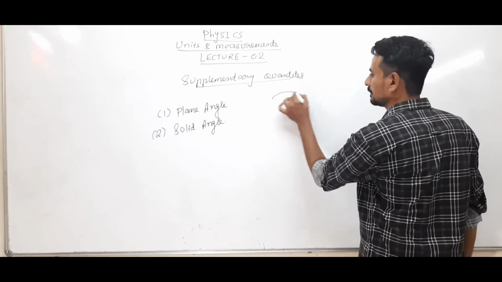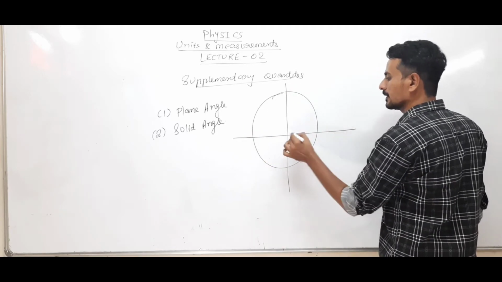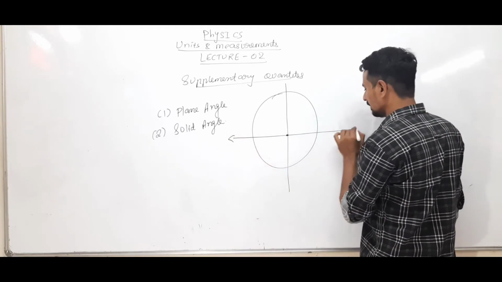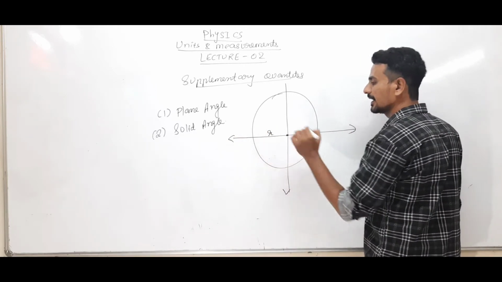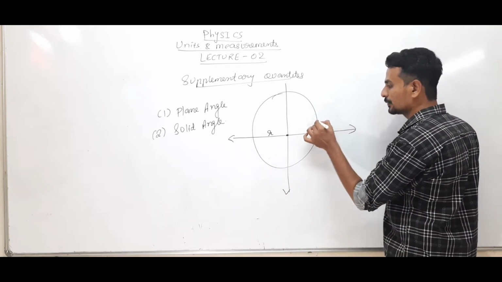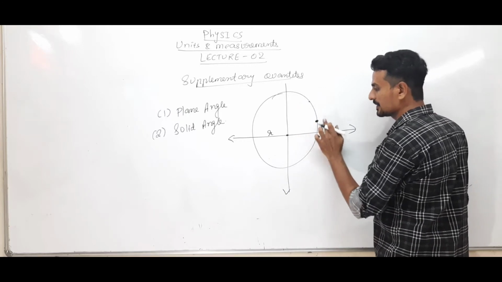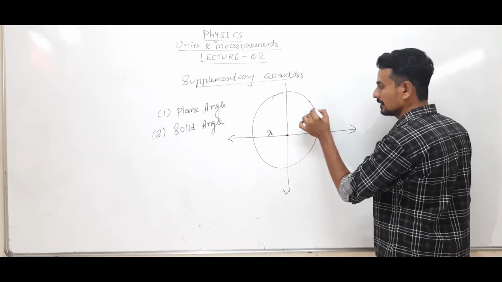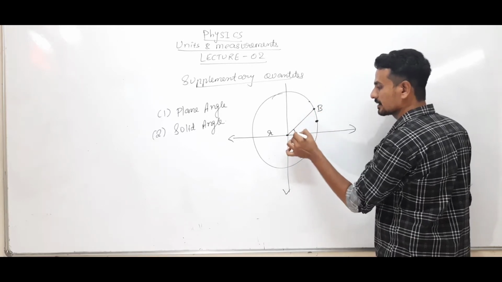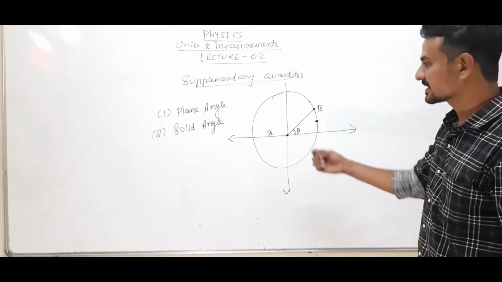Suppose there is a circle of any radius r. This portion subtends an angle theta at the origin, or at the center of the circle.